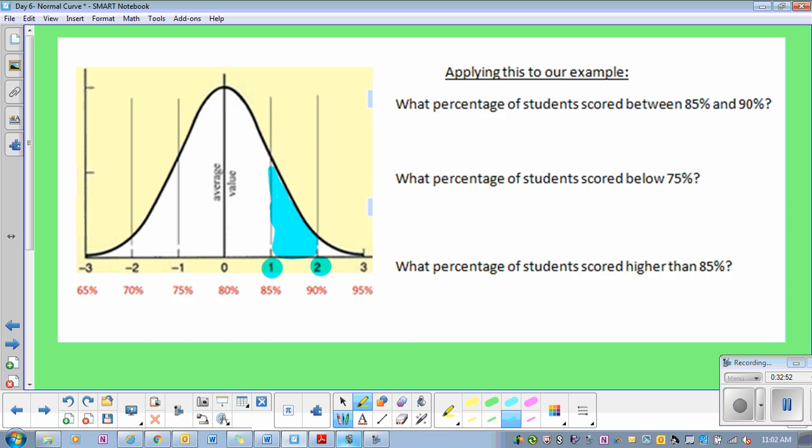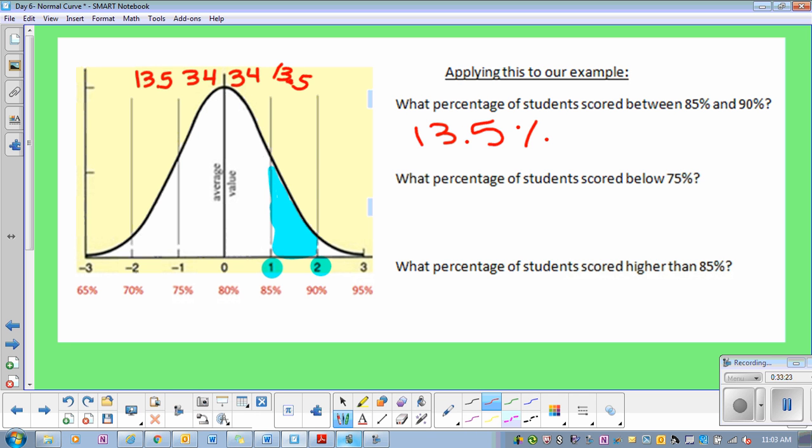What percentage of students score between there? 13.5, good. Because this one's 34, that one's 13.5. And we can label it again if we want. 34, 34, 13.5. Sometimes it helps if we write it a bunch of times.